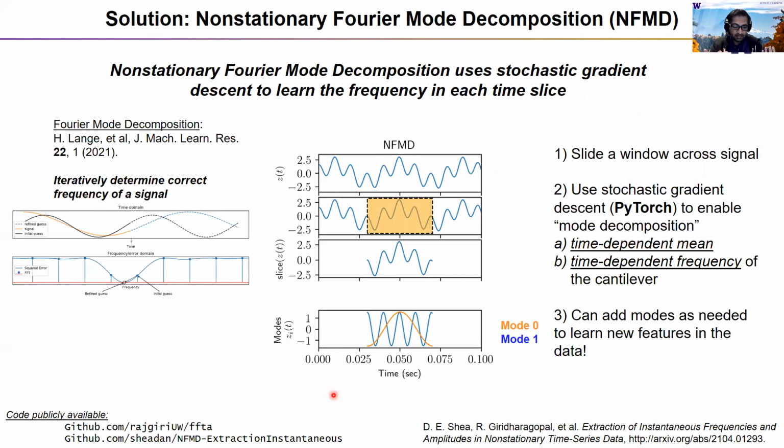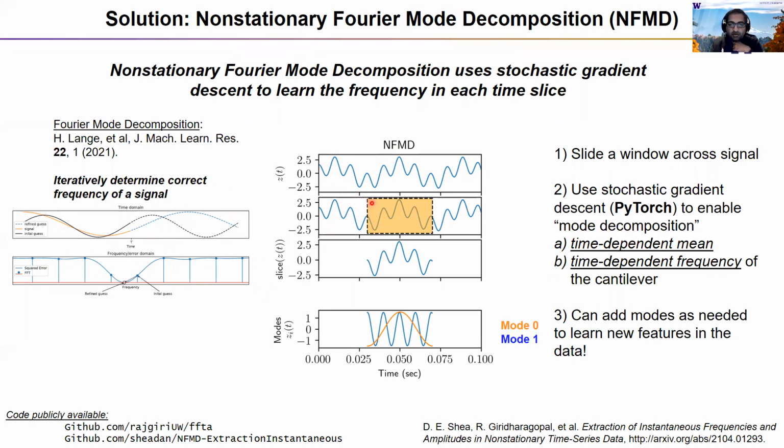The way that we do that is non-stationary Fourier mode decomposition. This builds upon something called Fourier mode decomposition, which is also by Nathan Kutz's group and published this year in this reference here, where that uses an iterative method of stochastic gradient descent to learn the correct frequency of a signal. In this case, we have our initial guess in orange and then it eventually learns the correct signal. NFMD takes this approach, but applies it to windows of the data as we slide along our signal.